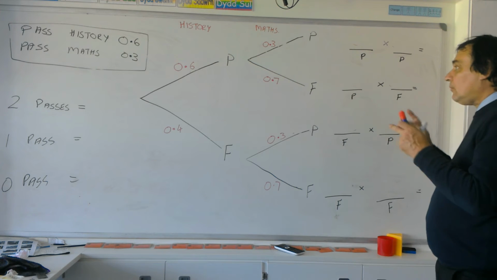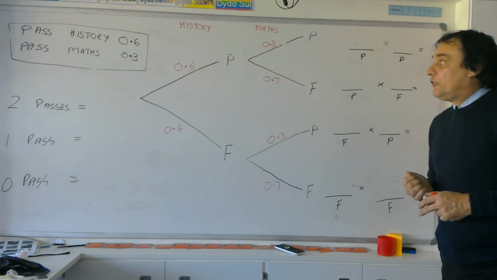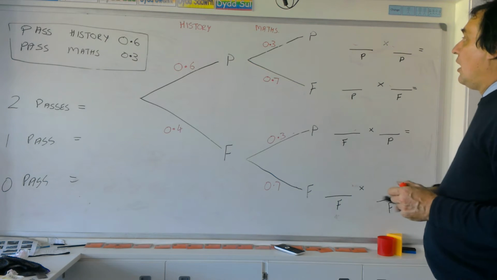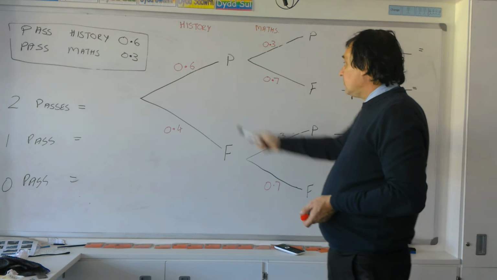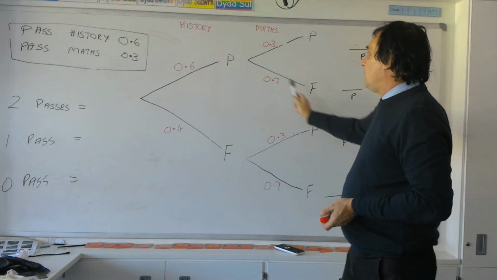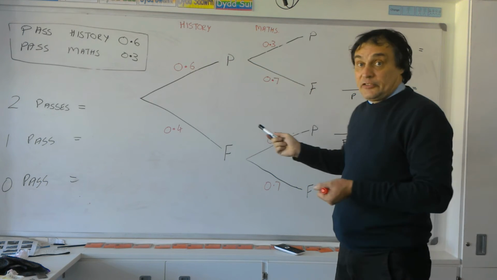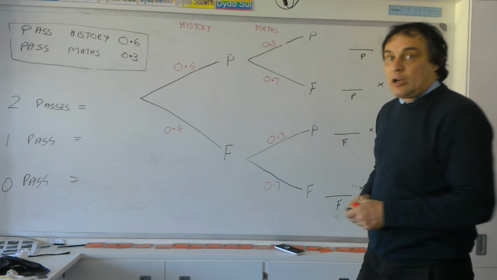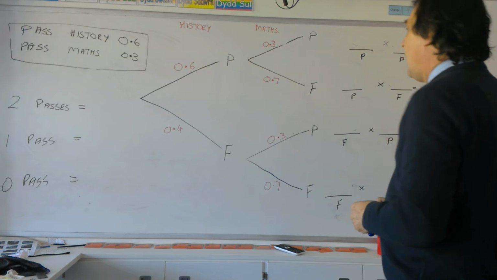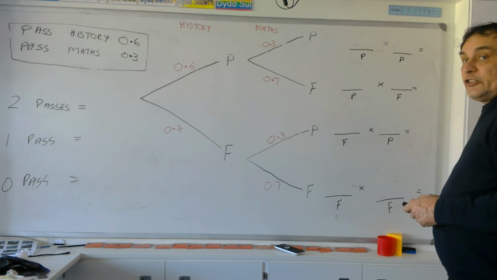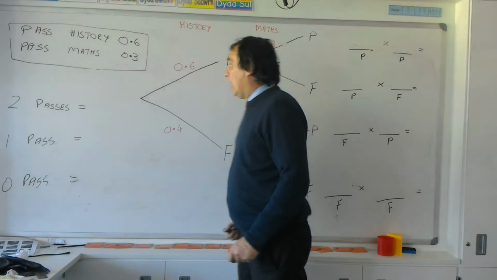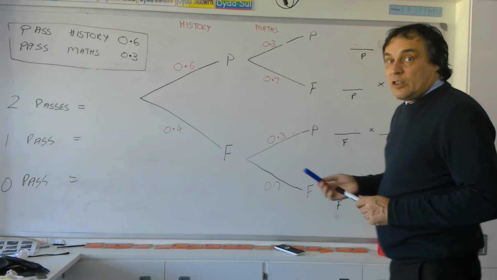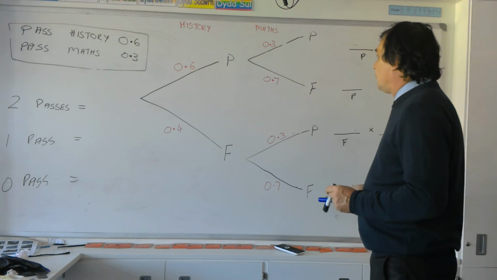Okay, now we're going to have a look at the different combinations. The top branches mean you pass both the history and the maths. This branch here, for example, means you pass your history but fail your maths, and so on, until we go through all 4 combinations. Now, if we wanted to work out the probability of 2 passes, passing both exams, we go along the branches that give us 2 passes.